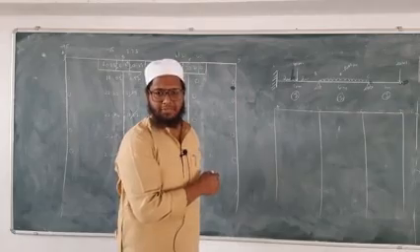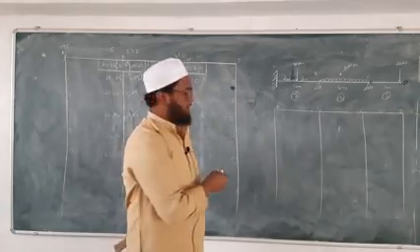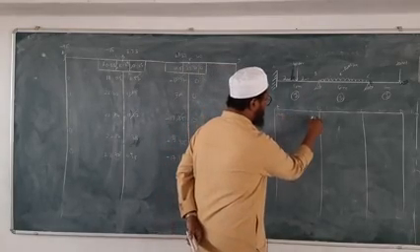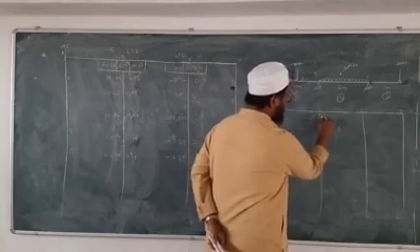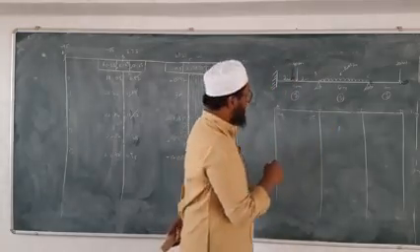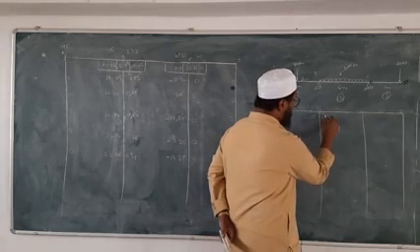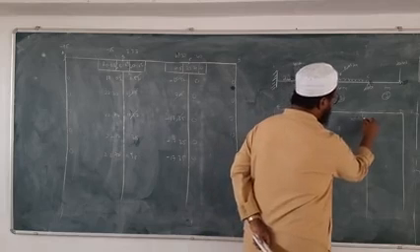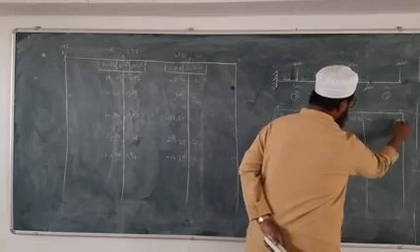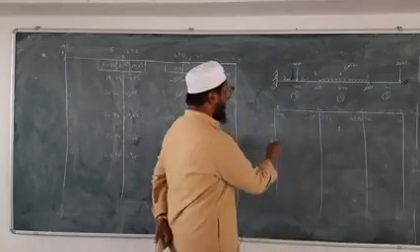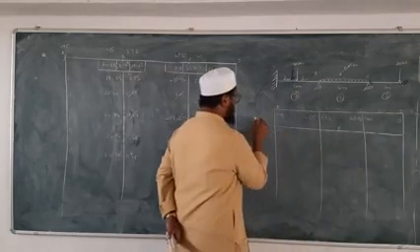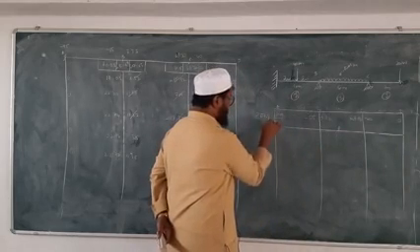Minus 95, minus 95, minus 55, 3.33, 63.33, minus 40, 0. Now these are fixed end moments.